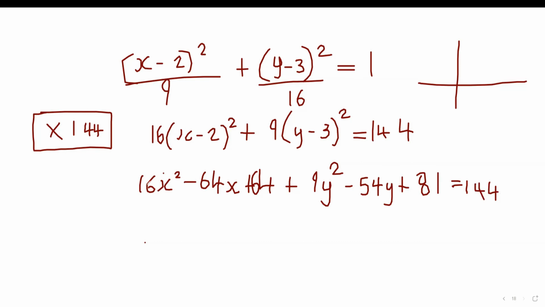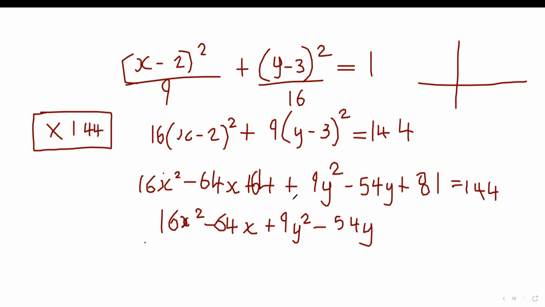So what we end up getting now is this right here, which is 16x squared. Bringing over the numbers, minus 64x. This is then plus 9y squared. This is then minus 54y.